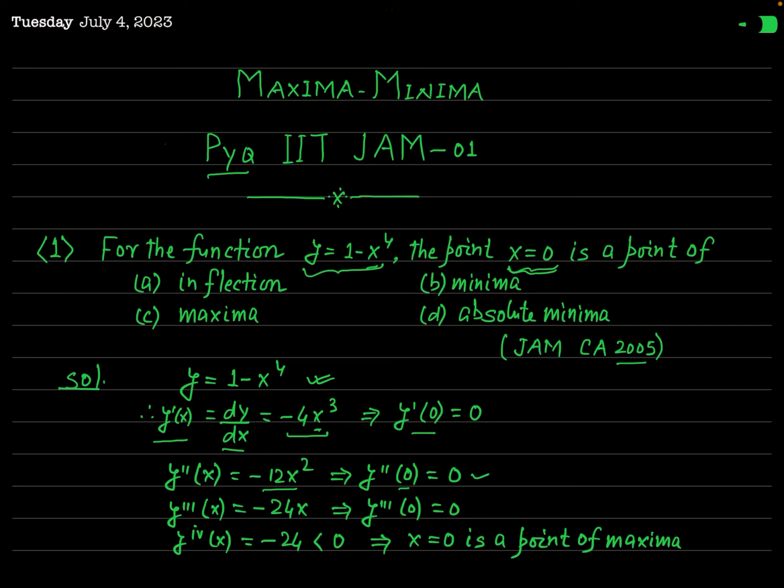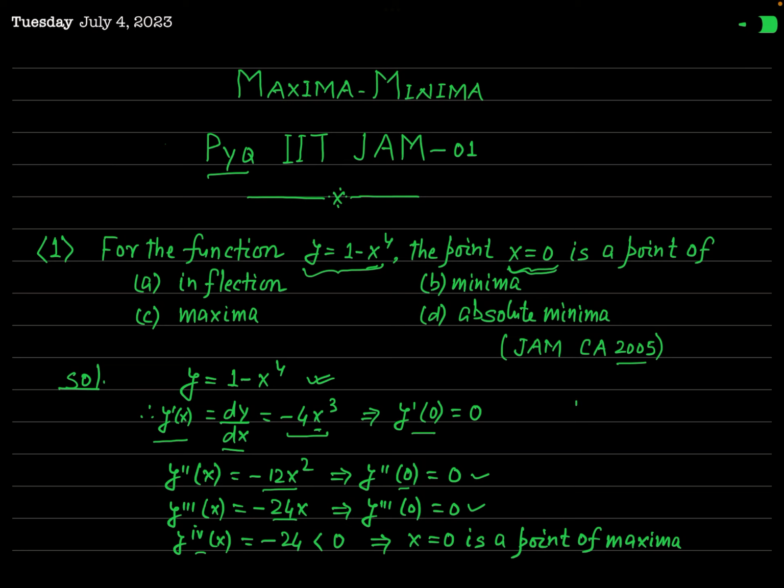Now find the third order derivative, y triple dash of x, and that will be minus 24x, and when you substitute x equal to 0, again you see that y triple dash of 0 is equal to 0. Now find the fourth order derivative of this function, and that will be simply minus 24, which is not 0.